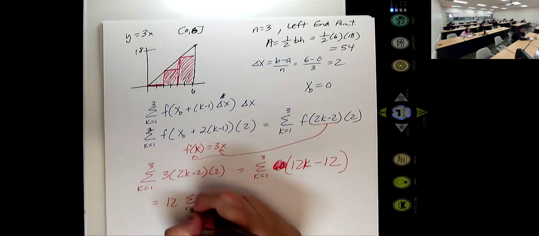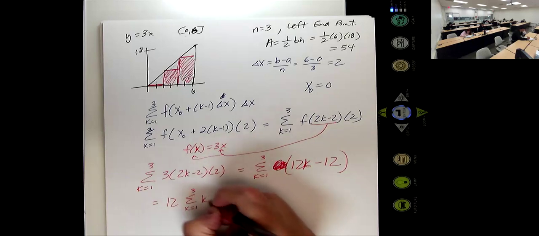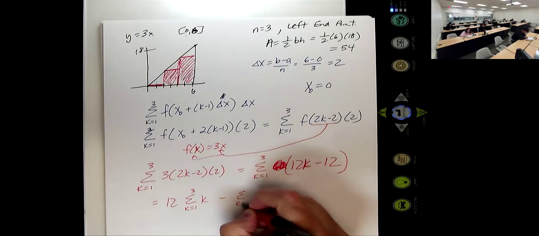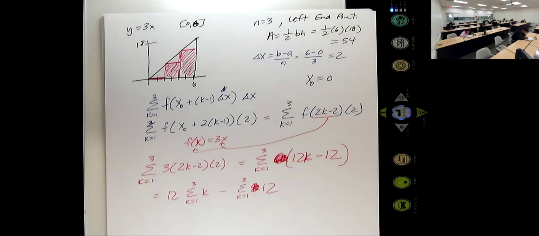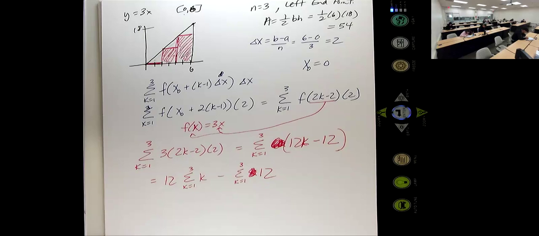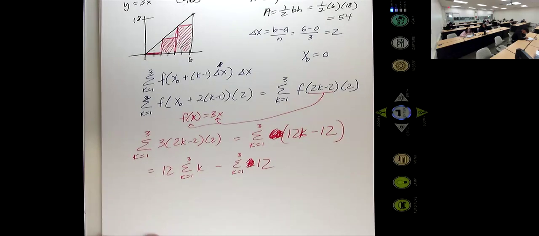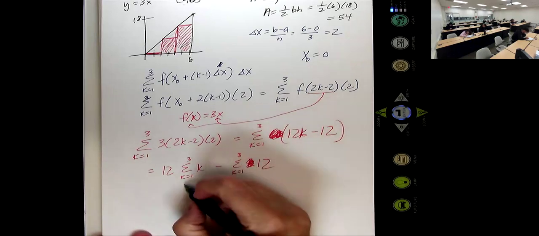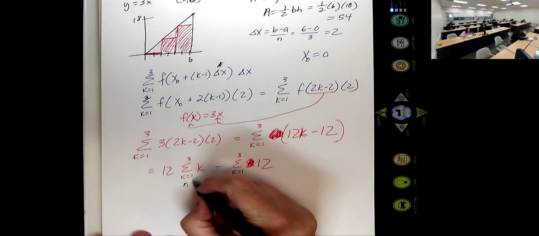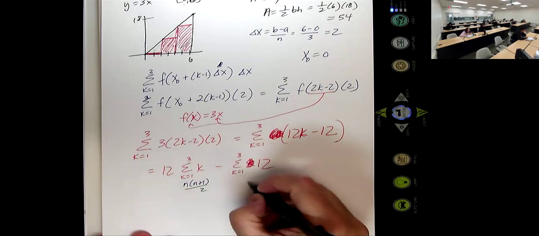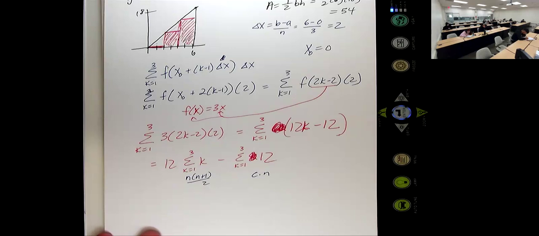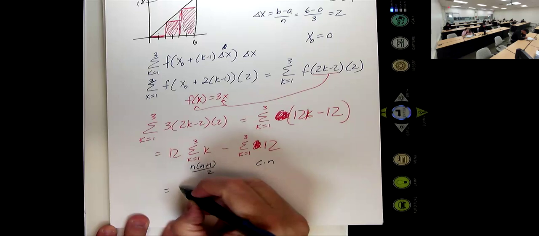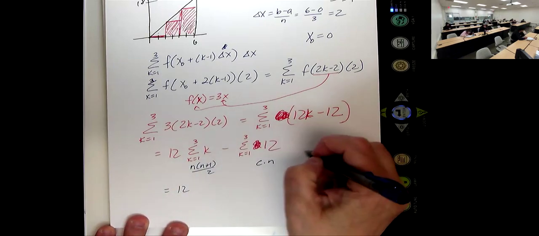Break that up. Remember, this was n times n plus 1 over 2. This was c times n. So this is 12, n is 3 here.